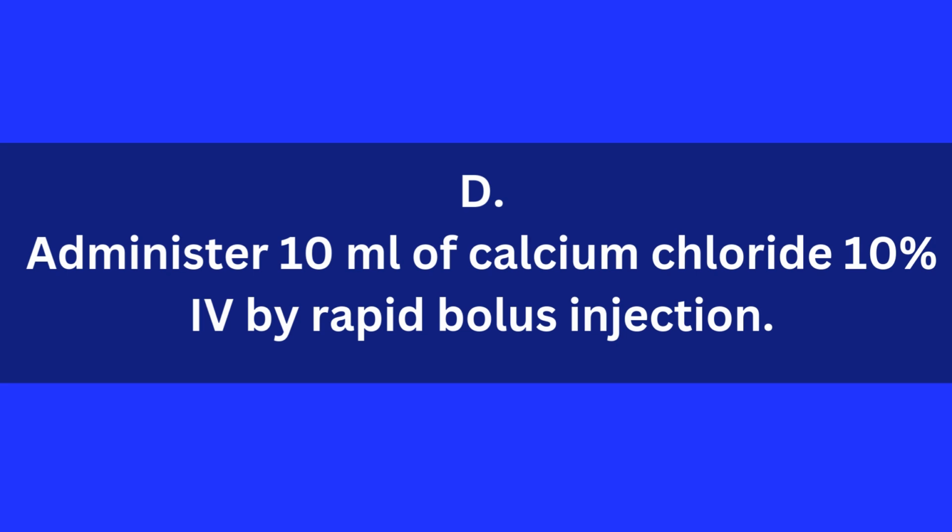Insulin and glucose, effective for lowering potassium but takes time to work. Sodium bicarbonate may help with acidosis but isn't the fastest option. Glucose infusion supports insulin therapy but doesn't act immediately. Calcium chloride, the fastest way to protect the heart, first line choice. Dialysis, considered for refractory cases but isn't an initial intervention.